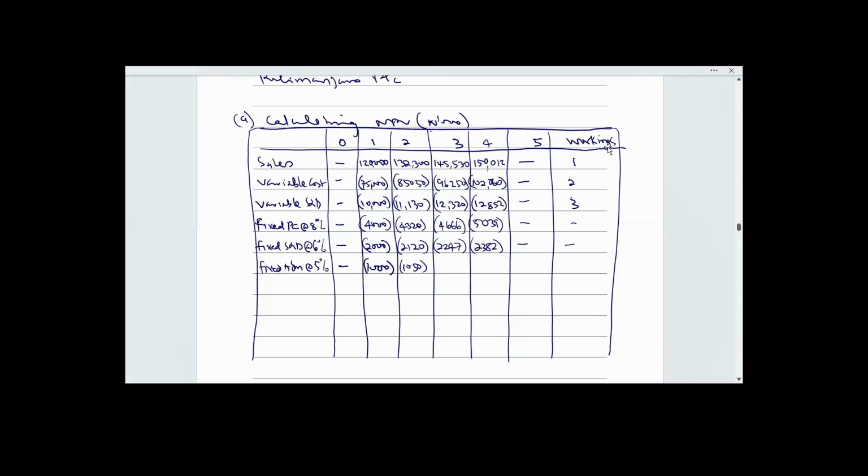Multiplied by 1.05 is 1,103. What you have in your calculator, multiply by 1.05 equals 1,158. So I think we have accounted for all the cash flows.